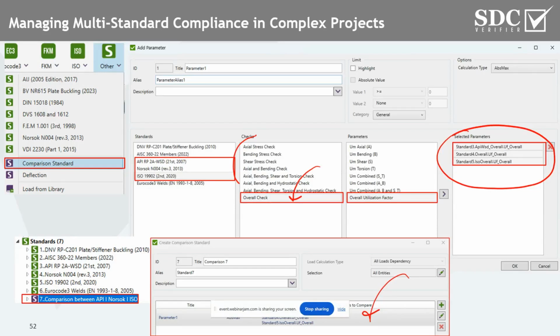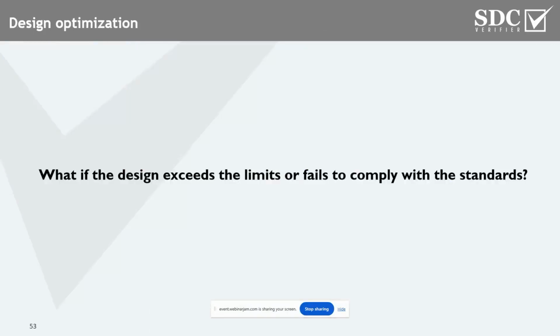But then you say, okay, I conducted all these checks, but I ended up with not the best results. So what if the design exceeds the limits or fails to comply with the standards? Do I have to guess all these things and then jump back and forth, thinking what is the plate thickness, shape? This is something that you can tailor in your process as well.